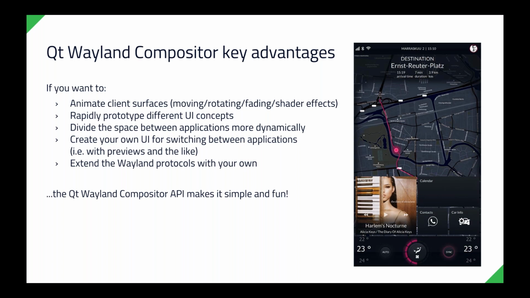Or it could be other things, like maybe the compositor should be able to tell the clients that they should switch between the light and the dark theme, if you have a night mode and a day mode. Then you might want to communicate that somehow to your clients, and that's where protocol extensions come in.